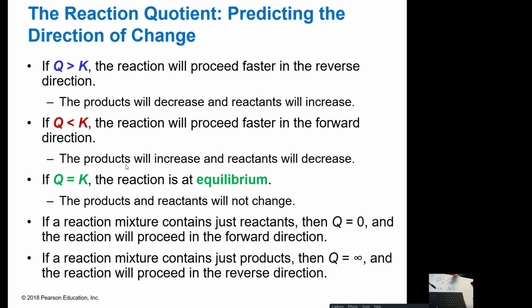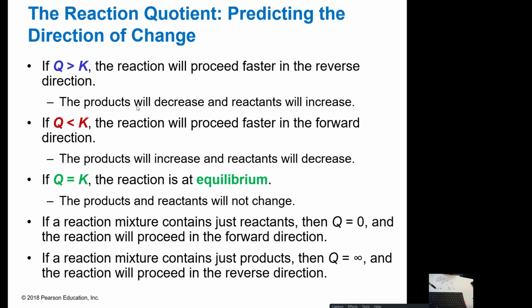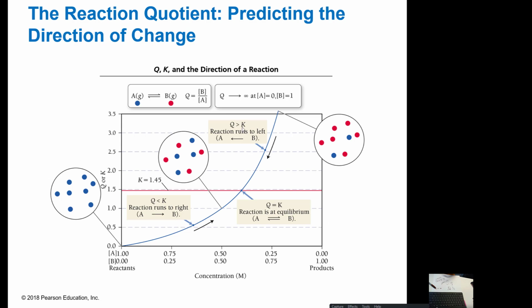In the reverse reaction, fewer products, right? Wait a minute. Q is larger than K, the products will decrease. Yeah, here the reaction proceeds in the reverse direction.